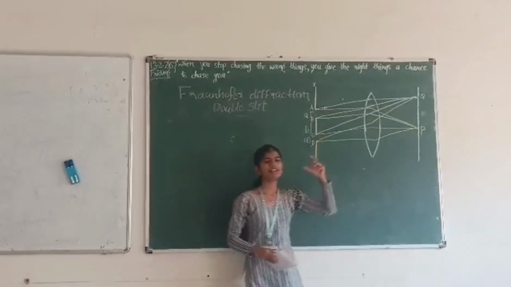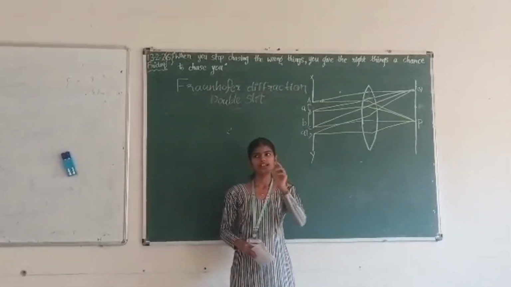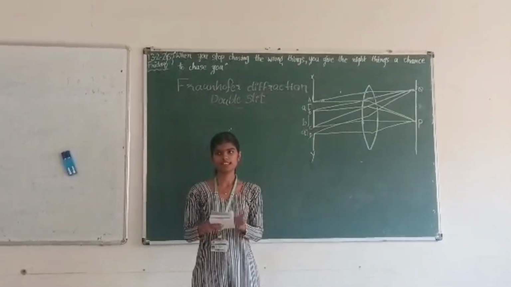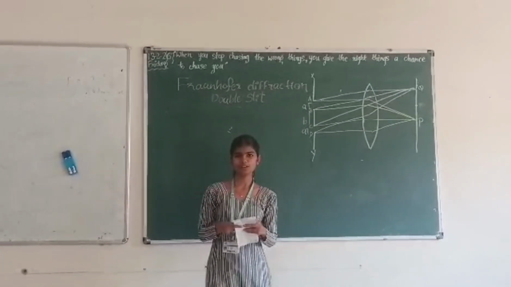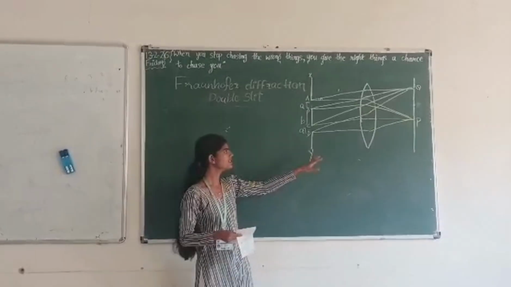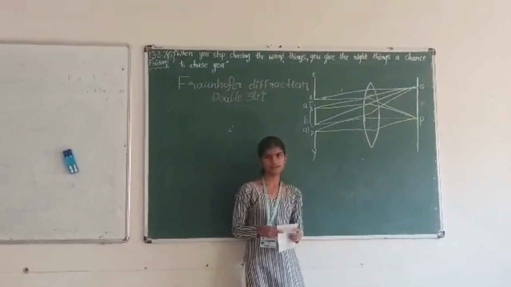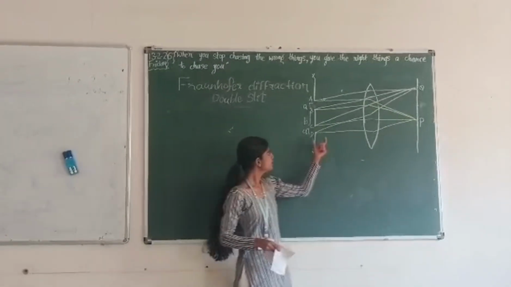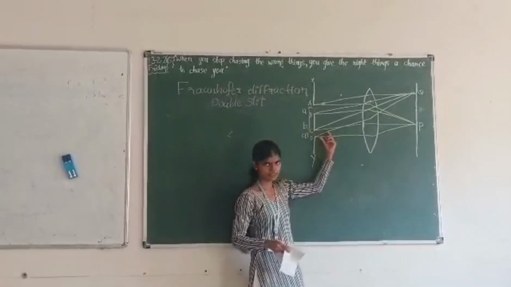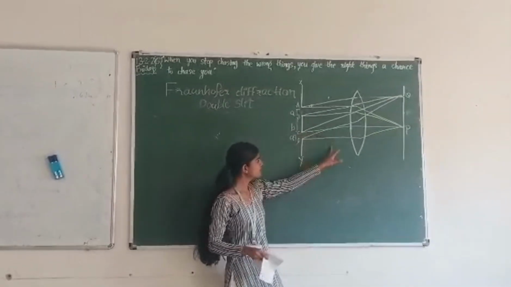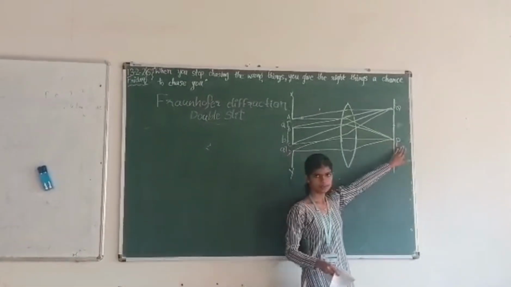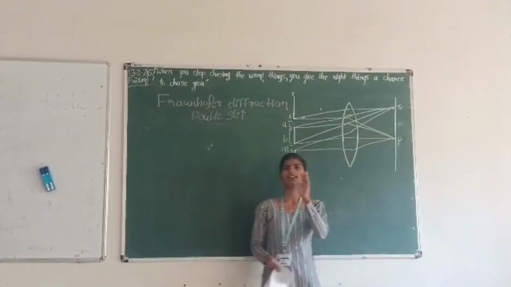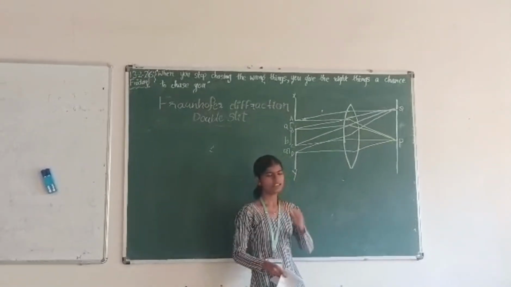We know the Huygens principle now. So what is Huygens principle? Each point of the incident wavefront acts as a source of secondary wavefronts. So here the wavefronts which are in the direction of the incident wavefront will focus at a point P and produce a central bright image.